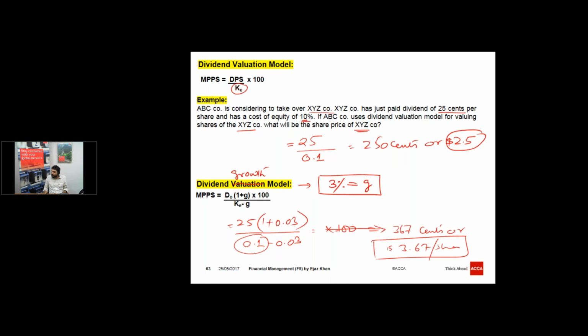So one of the reasons for a different share price will be the expected growth. If the shareholders expect higher growth, they will be ready to buy the share at a higher price. And if they expect lower growth in the dividend, they will buy it for a lower price.